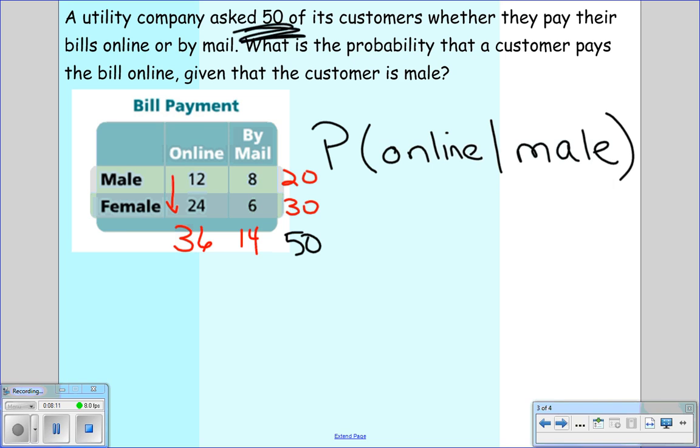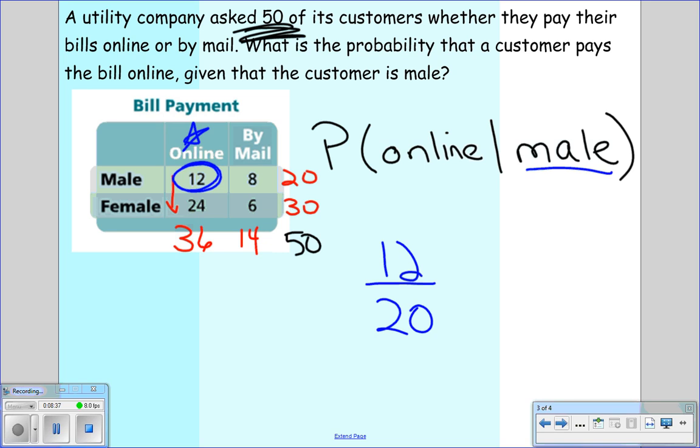So I want to know the probability of online, given that the customer is male. I'm going to find my online column, and I know that 12 males are paying online, so it's going to be 12 over, and again, we are only looking at the male customers, so this is going to be over 20, not over the 50.